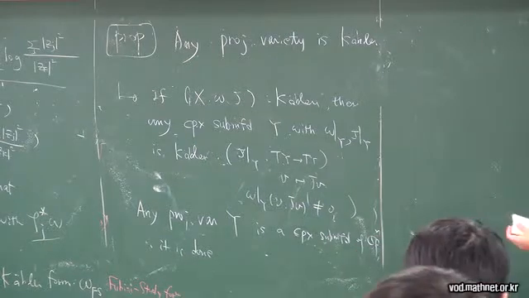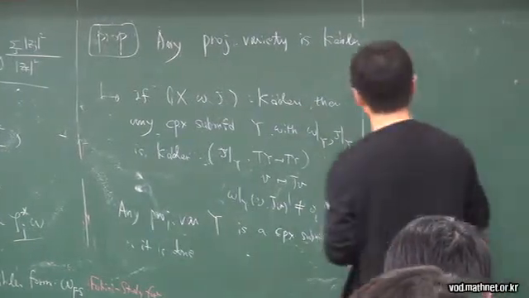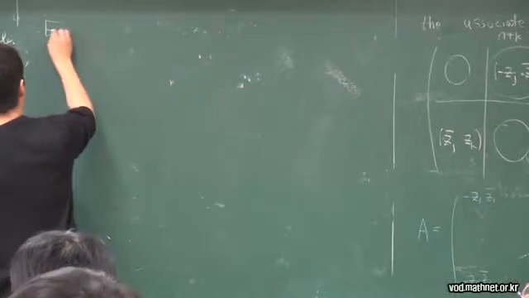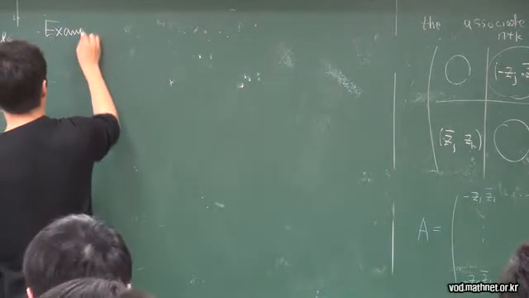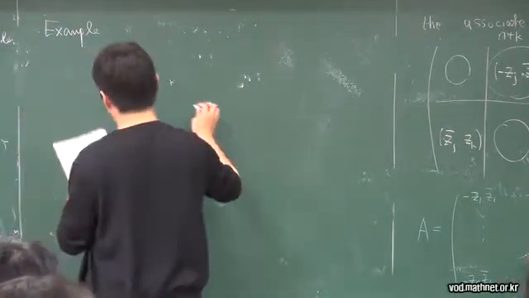Okay. The last example is the coadjoint orbit.